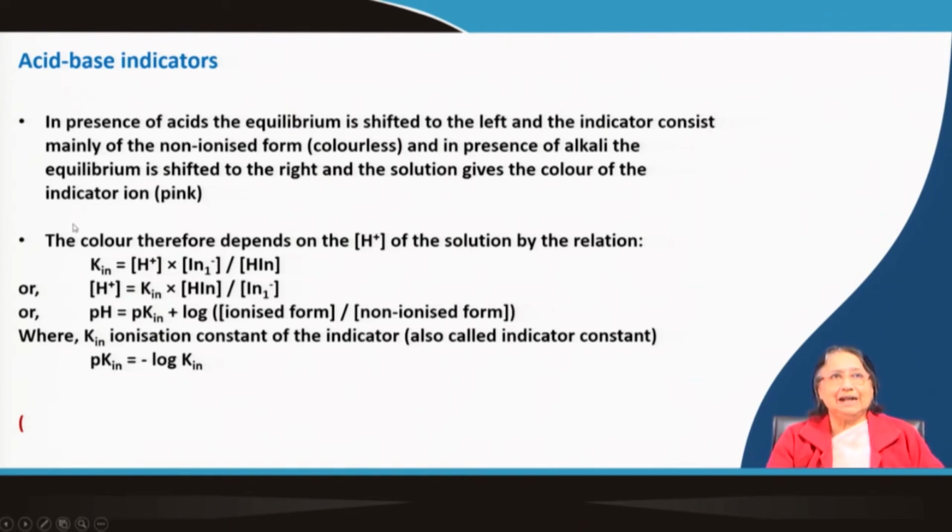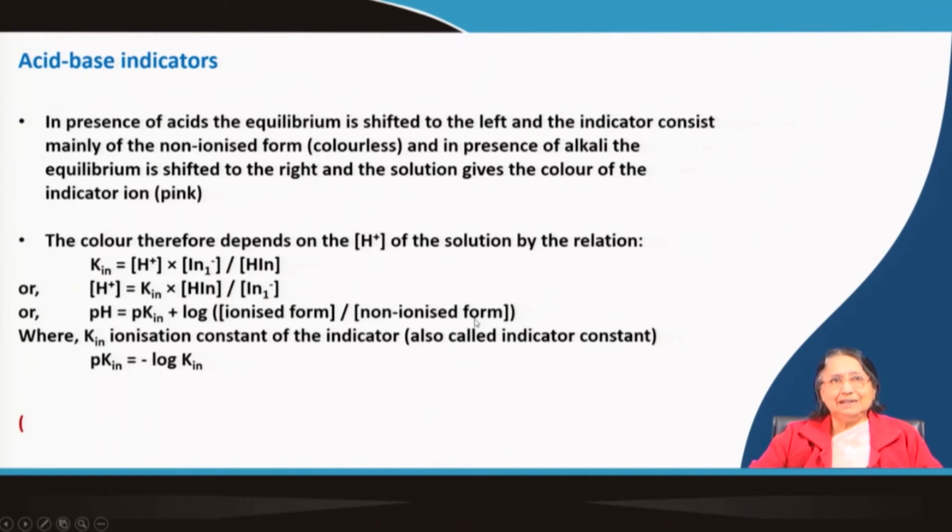So, if you consider that equation, then K indicator is equal to H plus ion concentration into IN minus concentration by HIN, the undissociated form concentration. Now, if you change the place and take the negative log, then you will get pH equals pK indicator plus log of ionized form by non-ionized form.